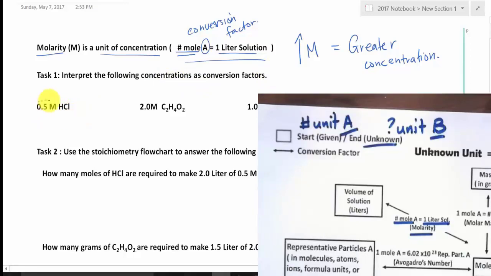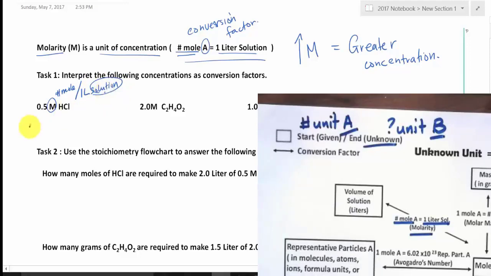Think of molarity again as equal to the number of mole divided by 1 liter. So what is the liter of? Of course, it's the liter of the solution, which includes HCl and water. And most solutions are basically just the substance plus water.